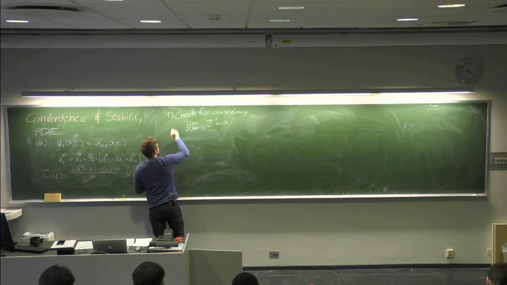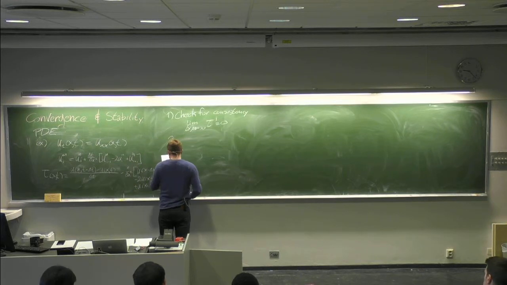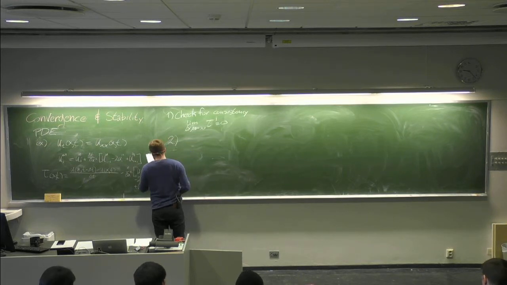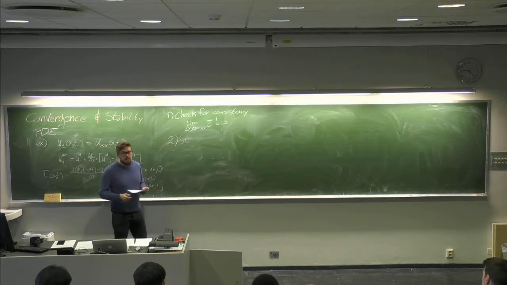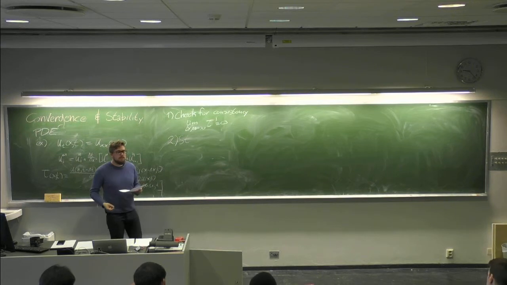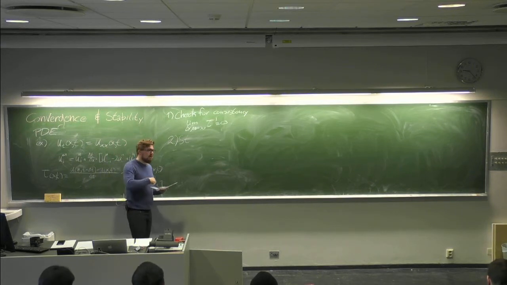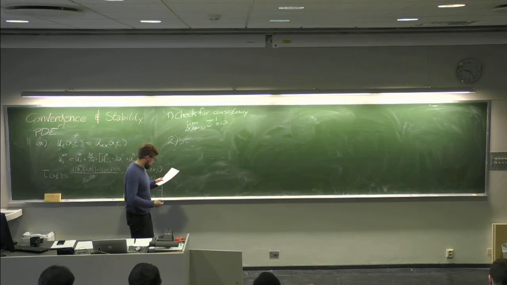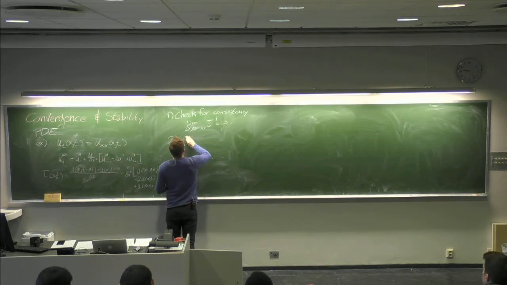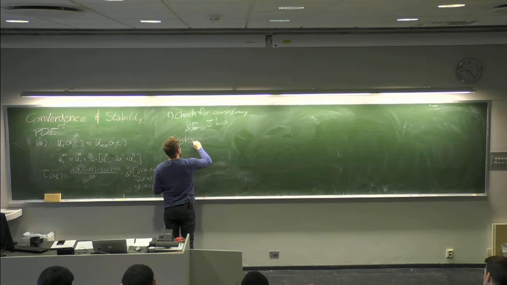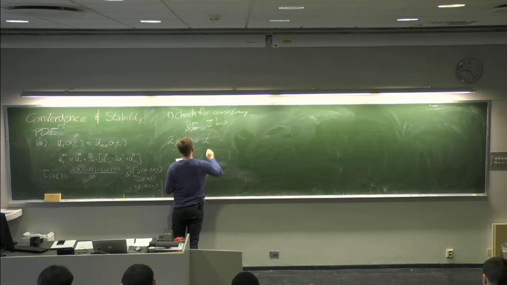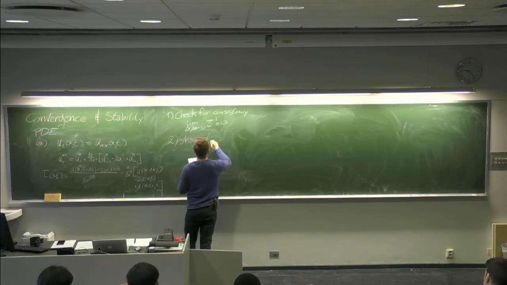If this is 0, then the next step is to show stability, because for PDEs it is easier to show first that it's consistent and then show that it's stable, and when you have these two conditions you will have that it's convergent. So we'll look into how to show this stability.